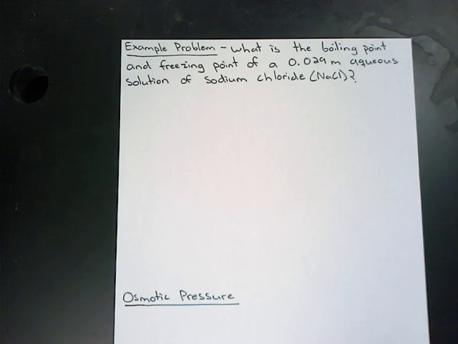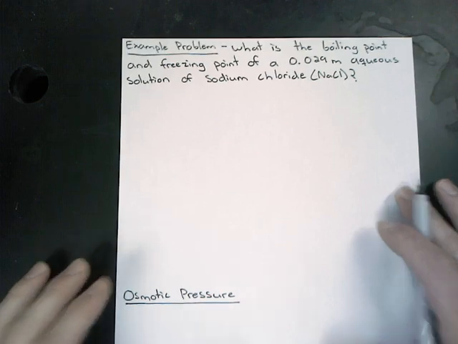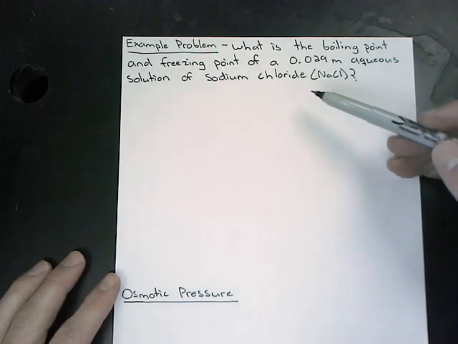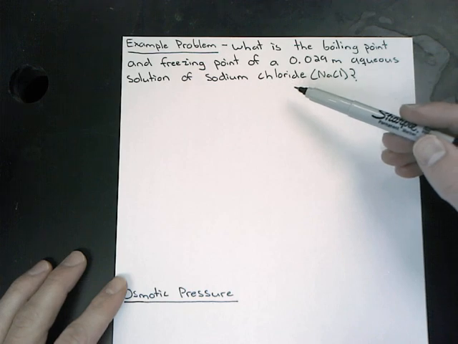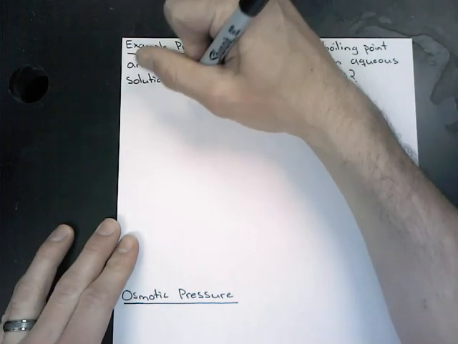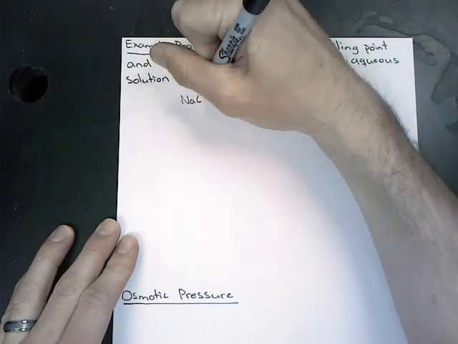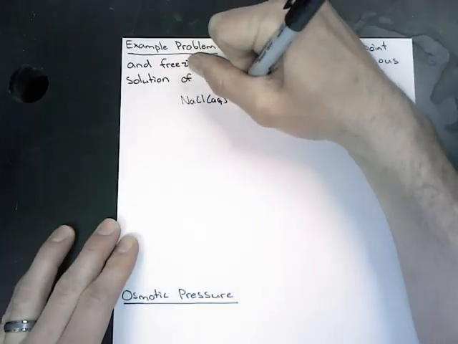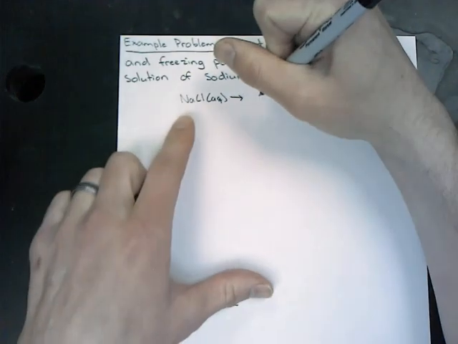So before we even get to the formulas of boiling point elevation and freezing point depression, we need to talk about this sodium chloride. So sodium chloride, when it is dissolved in water, what actually happens is that it is an electrolyte.